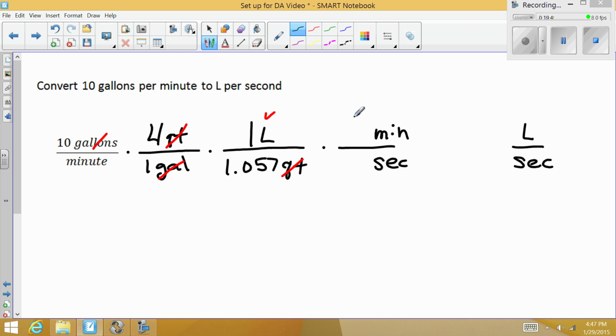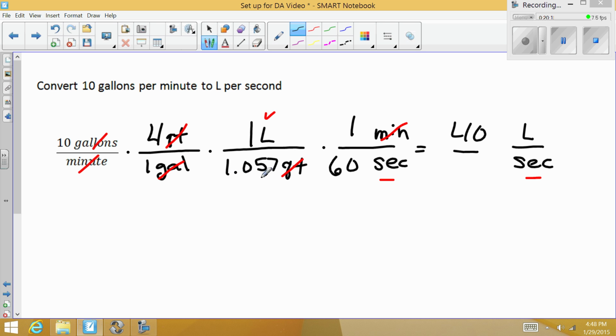And I can think, well, 1 minute is equal to 60 seconds. So I've got my unit fraction. This measurement is identical to that measurement. And then that will cancel my minutes, leaving me with seconds. And then grabbing my calculator, I can take 10 times 4 is 40.